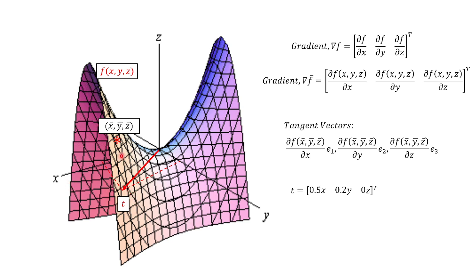Now we are interested to see what is the change of this function, or what is the gradient of this function along this vector, and that is called the directional derivative of this function along the vector t, or along this direction t.